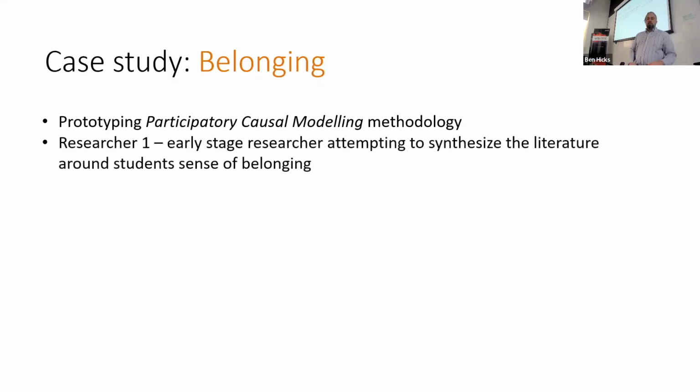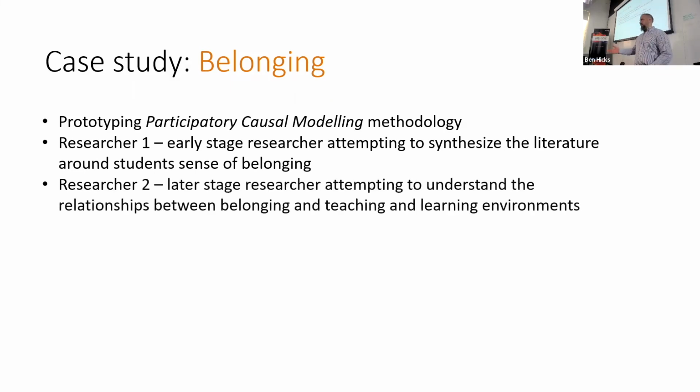It was done with two people over a few sessions, independently of each other. The first researcher was an early stage researcher reading the literature, and we thought, okay, let's try this out as a dialogue. Let's try and build a causal model of belonging based on your current understanding of the literature, and see how helpful it might be.